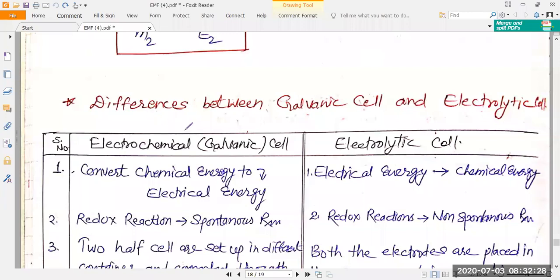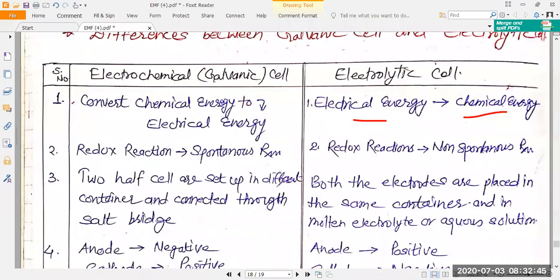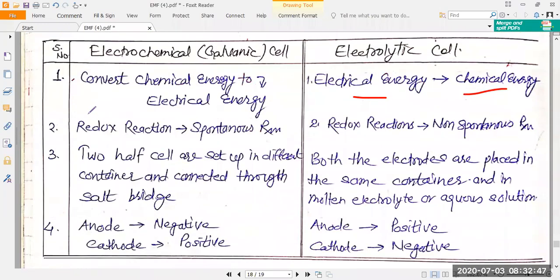Electrochemical cell, that means galvanic cell, and electrolytic cell are opposite to each other in their nature and working. In an electrochemical cell, chemical energy is converted into electrical energy, and in an electrolytic cell, electrical energy is converted into chemical energy. In electrochemical cells, redox reactions are spontaneous, meaning the reactions occur on their own.